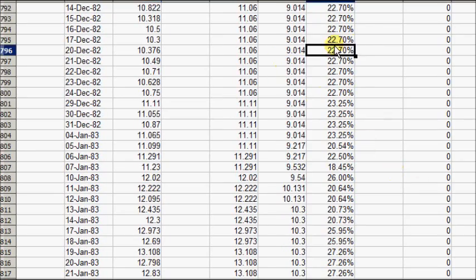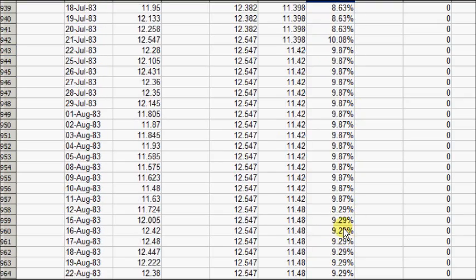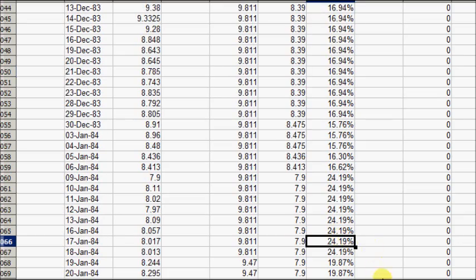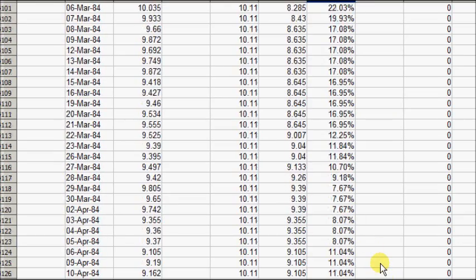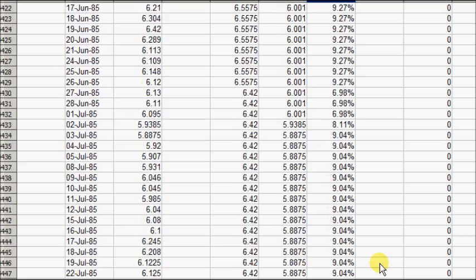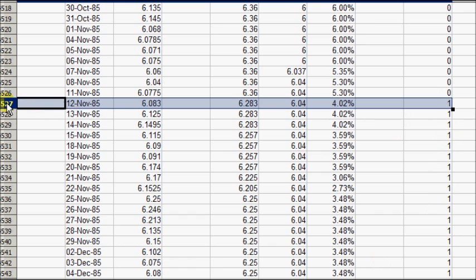As you can see, here are the percentages, 20%, 40%, 20%. Volatility would remain high for quite some time. Even in 84, you're getting 24% volatility. So it didn't get low again until right here in 1985.